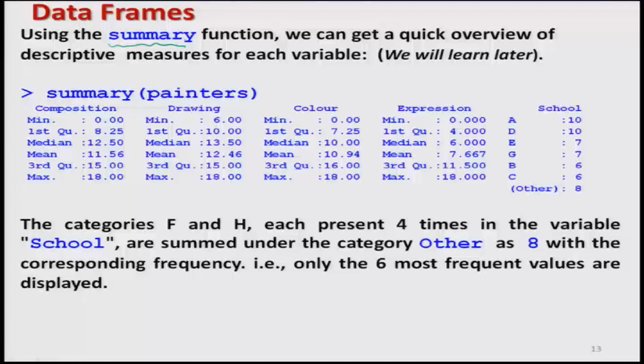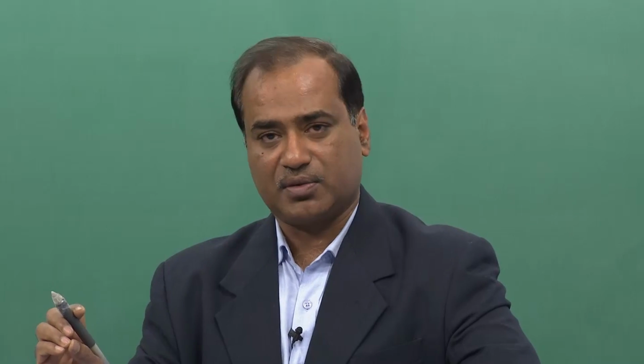This summary function is a very simple function and it gives us a quick overview of the descriptive measures of a variable, for example mean, median, mode, quartiles, minimum value, maximum value and so on.